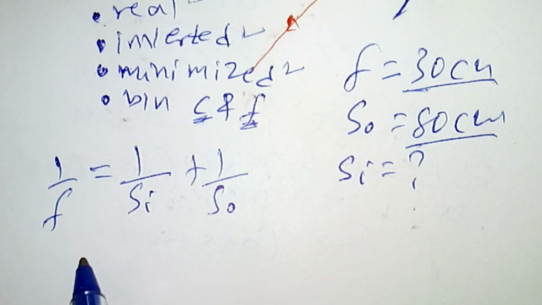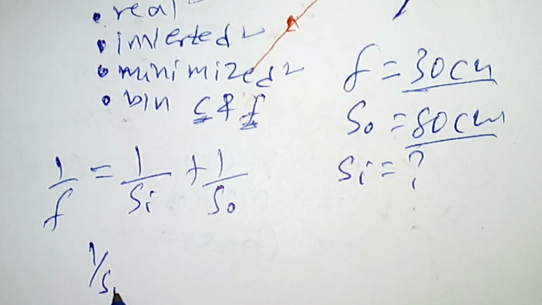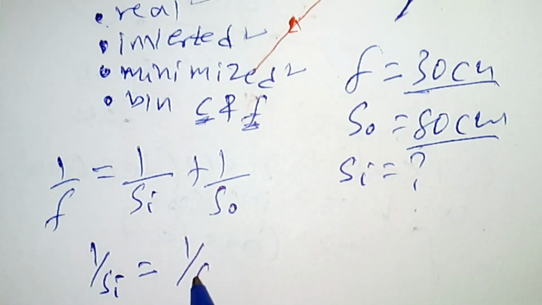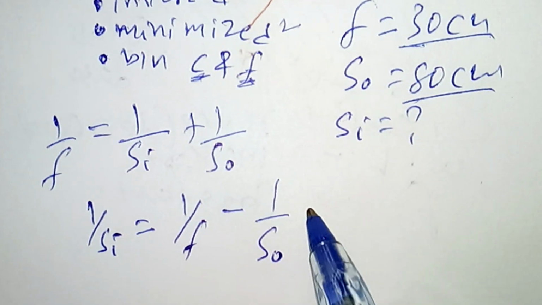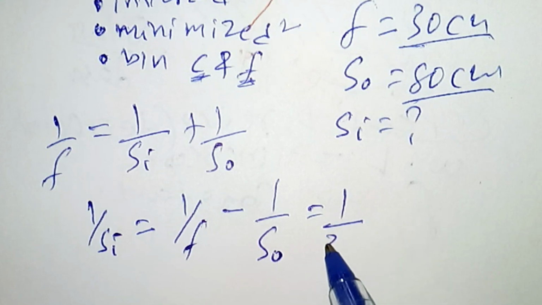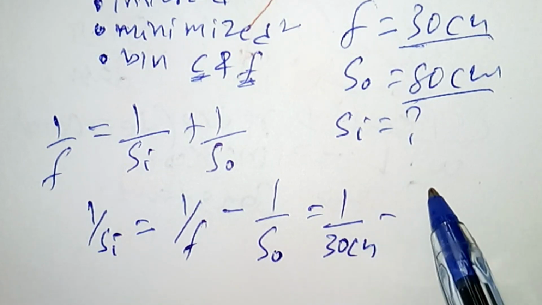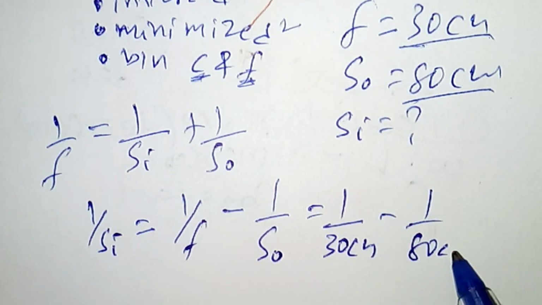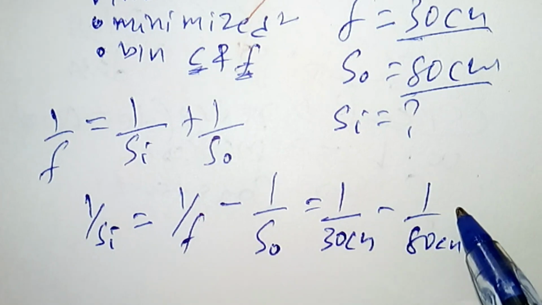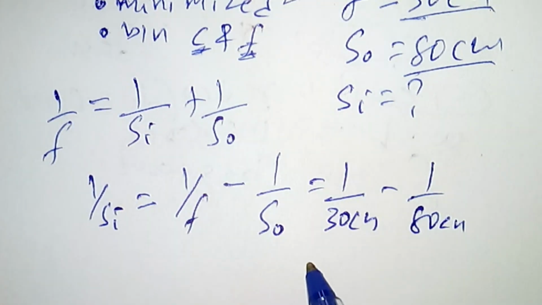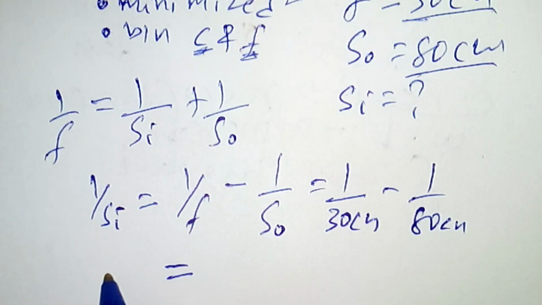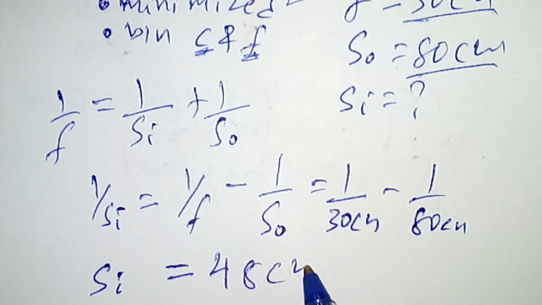By rearranging, 1 over the image distance equals 1 over the focal length minus 1 over the object distance, which equals 1 over 30 cm minus 1 over 80 cm. If you rearrange this and calculate exactly, the image distance equals 48 cm.